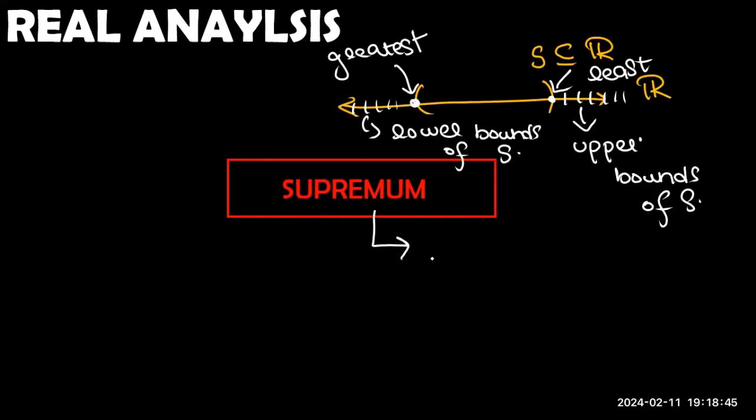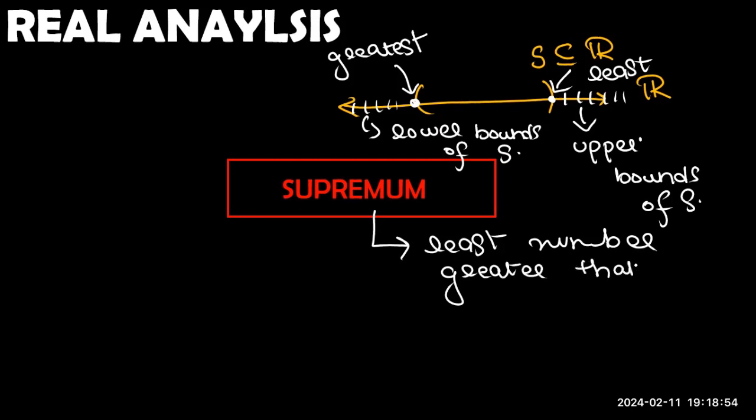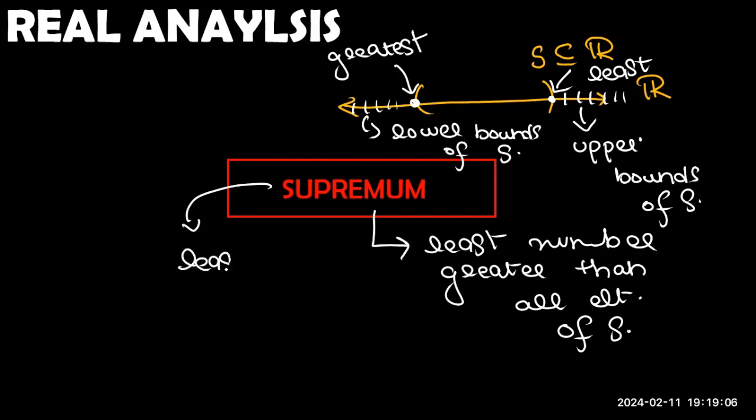So the least number greater than all the elements of S is called the supremum of S. This supremum is oftentimes called the least upper bound.